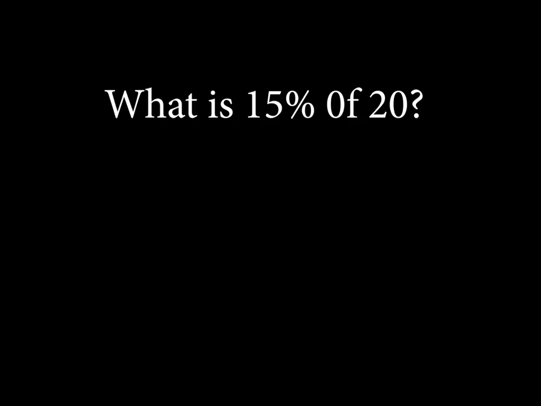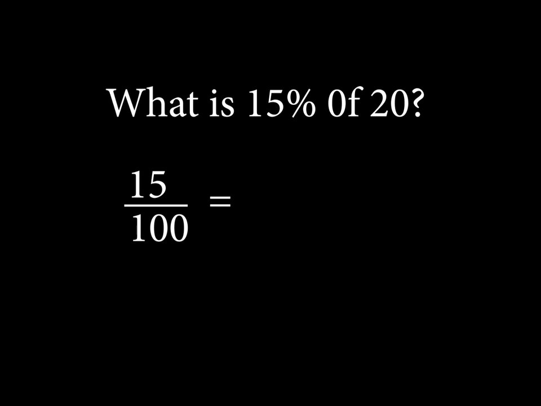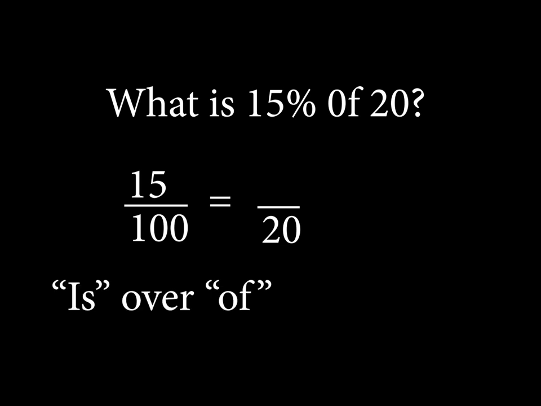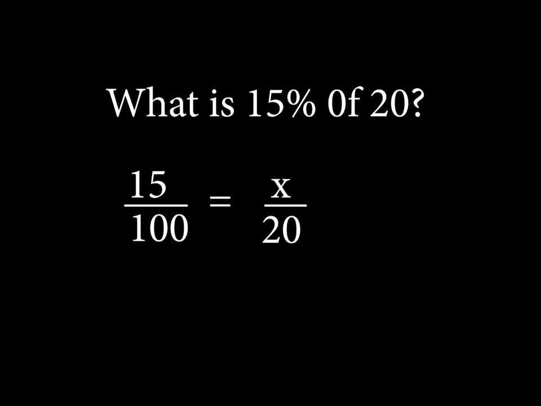How about this one? What is 15% of 20? Well, the 15%, we know right there the 15 is going to go with the 100. 15 over 100. Of 20, out of 20. So 20 has to go on the bottom of the next ratio. That leaves just this space up here. What is? What is stands for x, or x stands for what is, so that goes there.